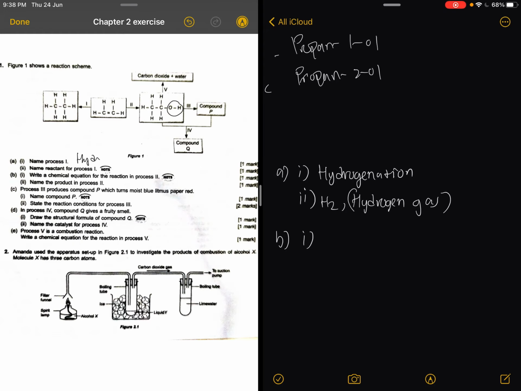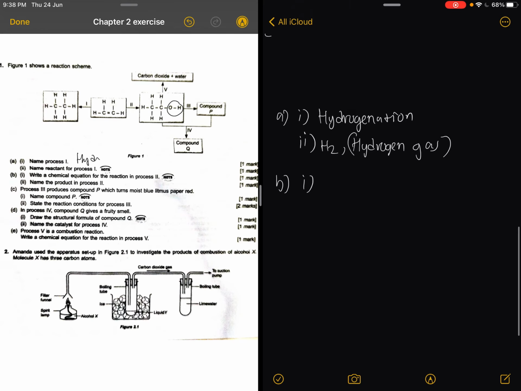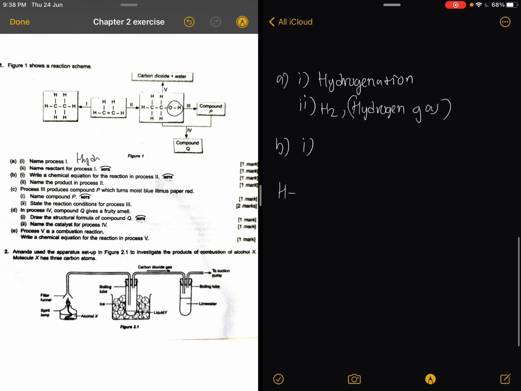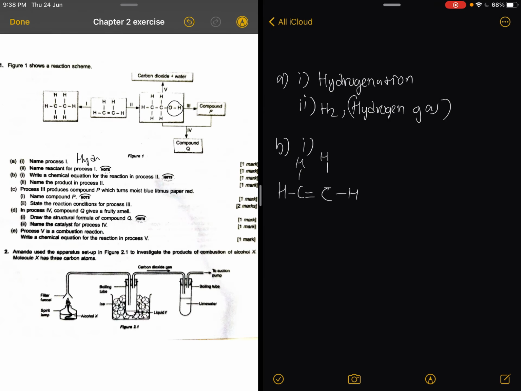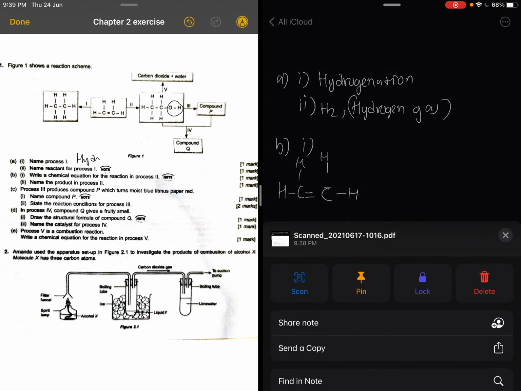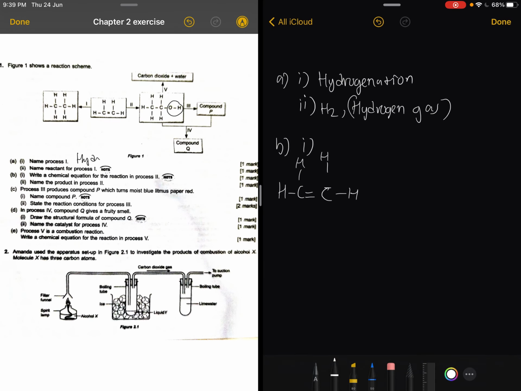So process 2, since it has OH here, is hydration. So the process is H C double bond C H like this, and then wait. Oh yeah, I don't have to write the structural formula. I just write it as normal.